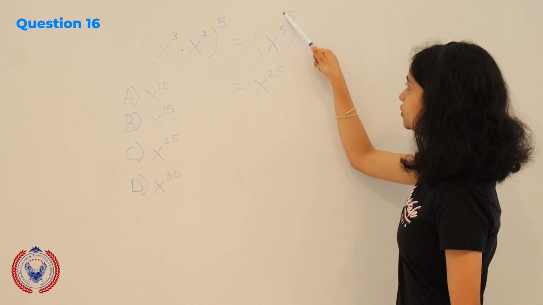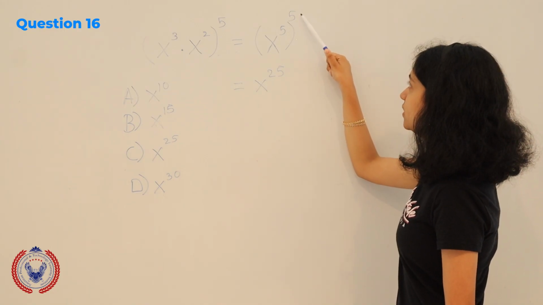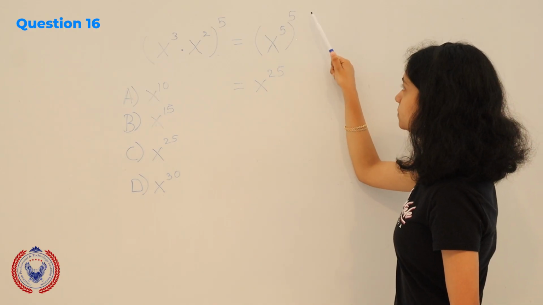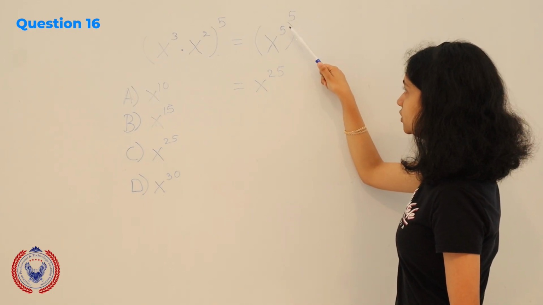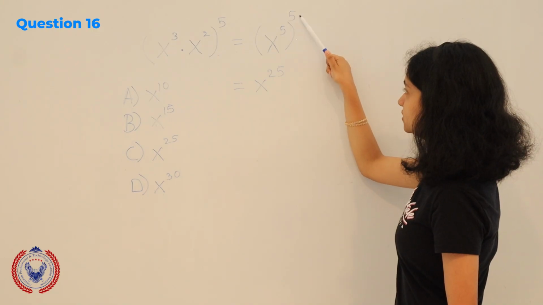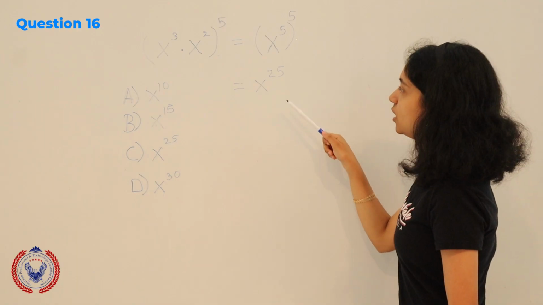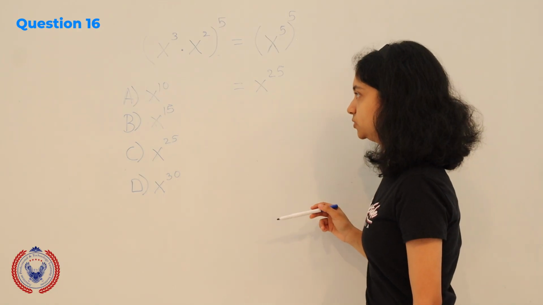And I also need to mention that the other 5, which is outside the parentheses, is still present. But because of the properties of exponents, I could multiply 5 times 5, which gives me x raised to the 25.